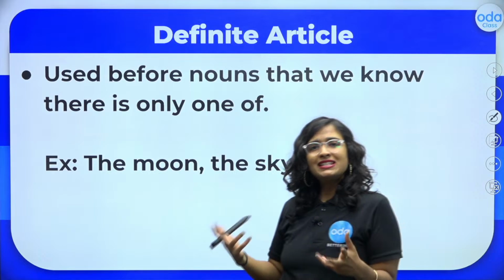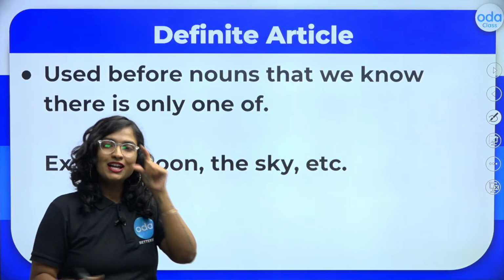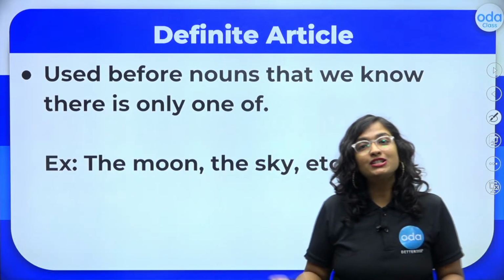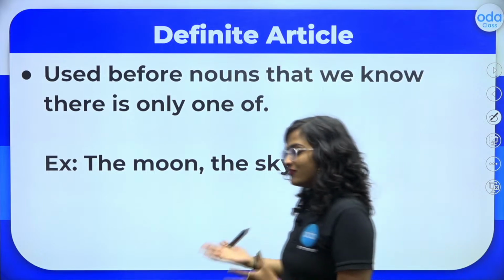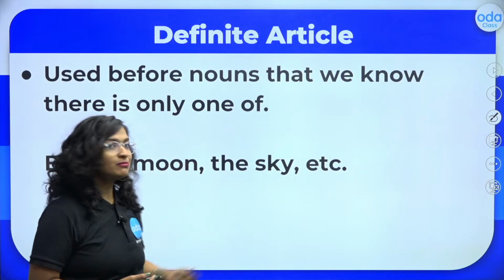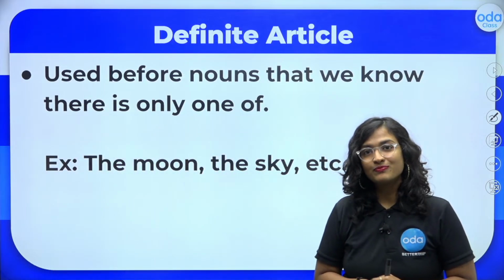Similarly, sky. No matter where you look up from in the world, you will still say the sky, because there's really only one sky that we get to see. So whenever there is a noun that we know there's only one of, for example, the moon and the sky, we use our article the before the noun.